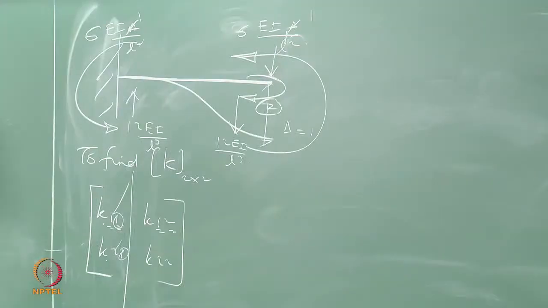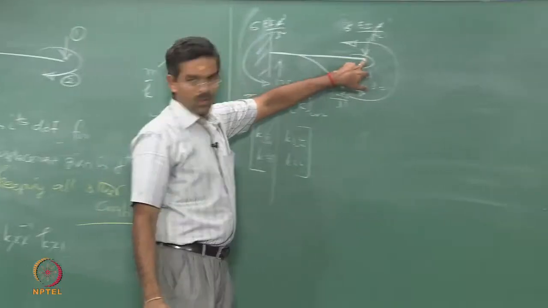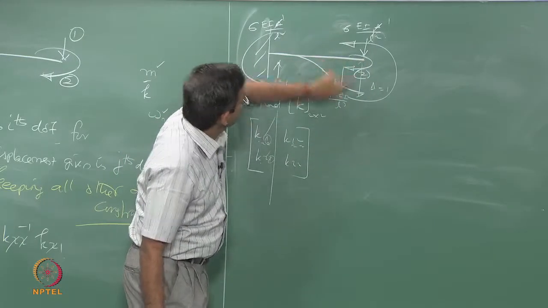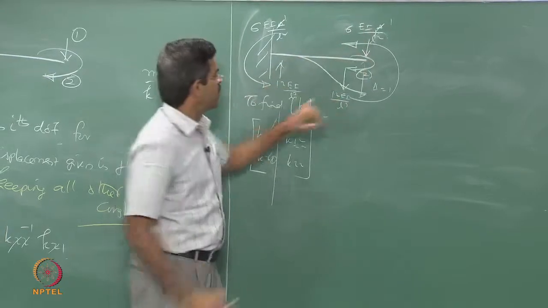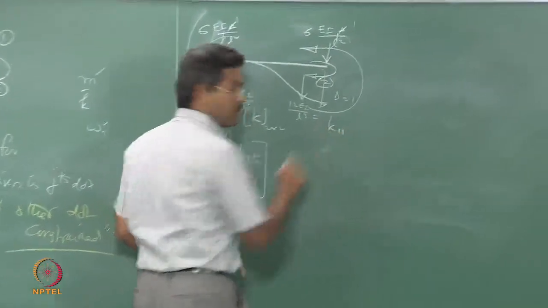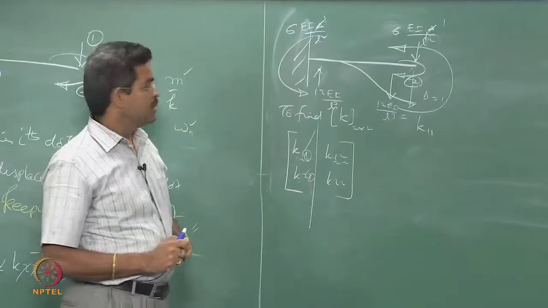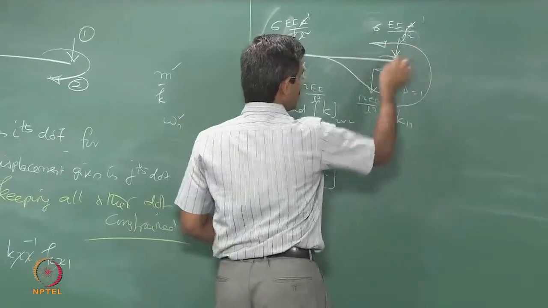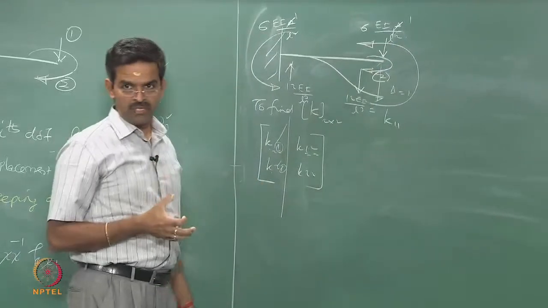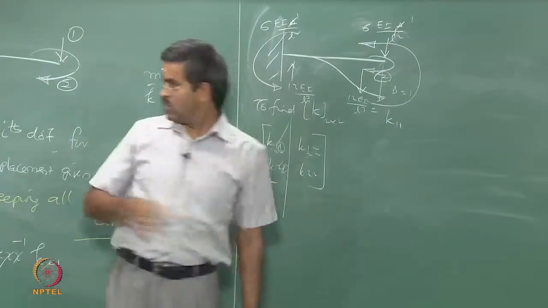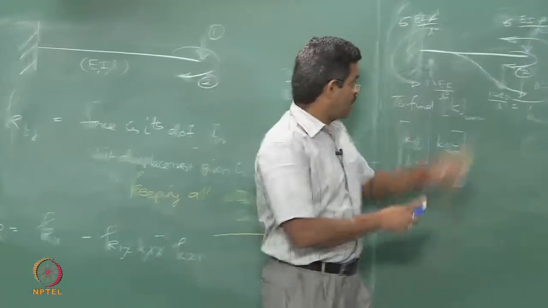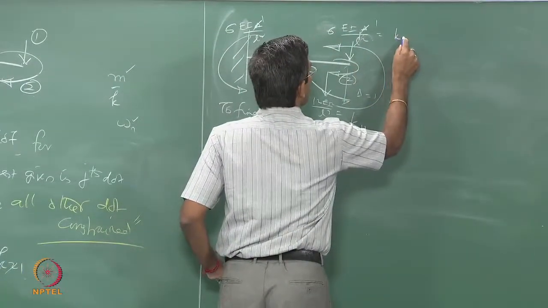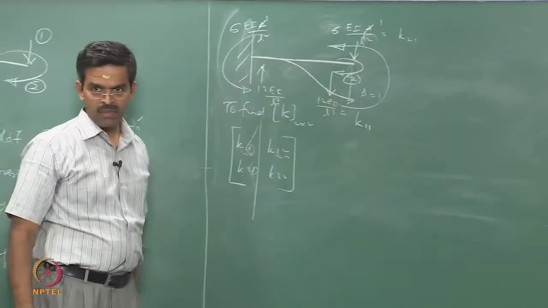Let us look only at this node. This force is in the direction of 1. Therefore, this will be equal to K11. This force is in the direction of 2, but opposite in nature, because 2 is clockwise in the original problem, whereas I have got a value of anti-clockwise. So, I should say this is equal to K21 with a negative sign.